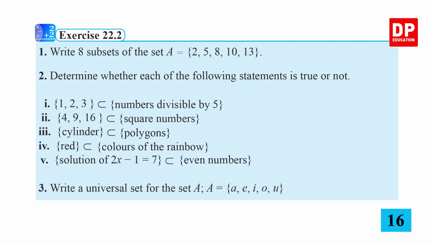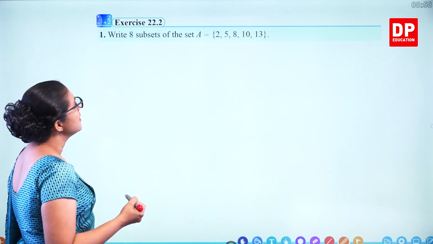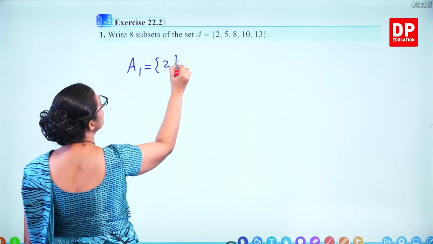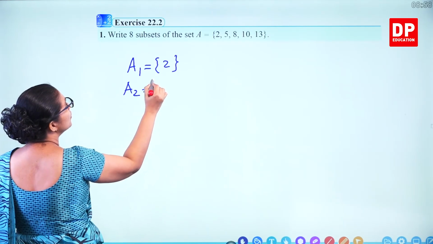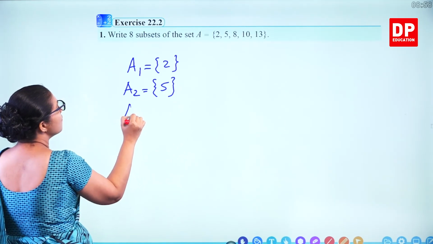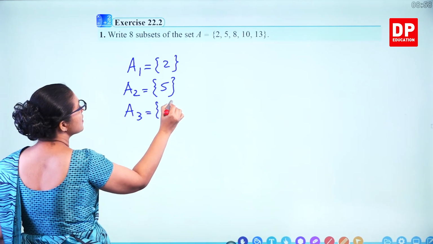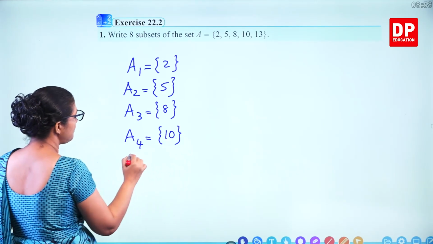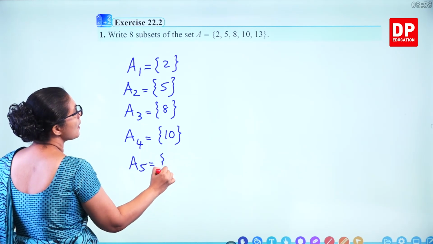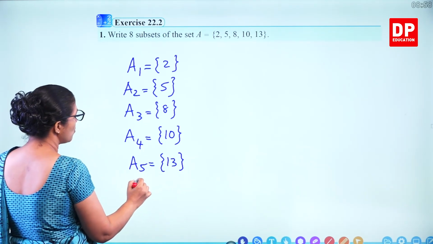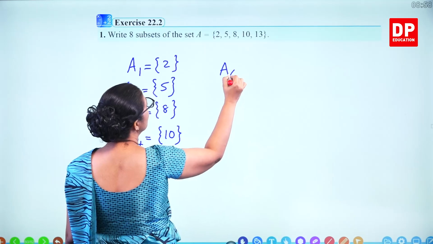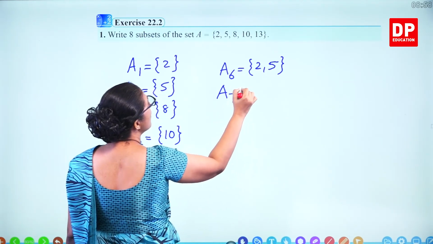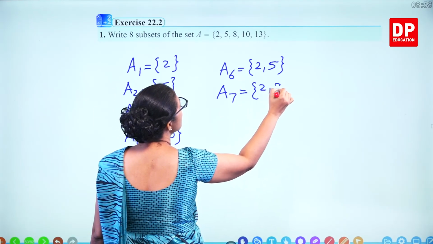Exercise 22.2. Write 8 subsets of this set. You can write separately {2}, {5}, {8}, or I can write {2, 5}, or I can write {2, 8}.